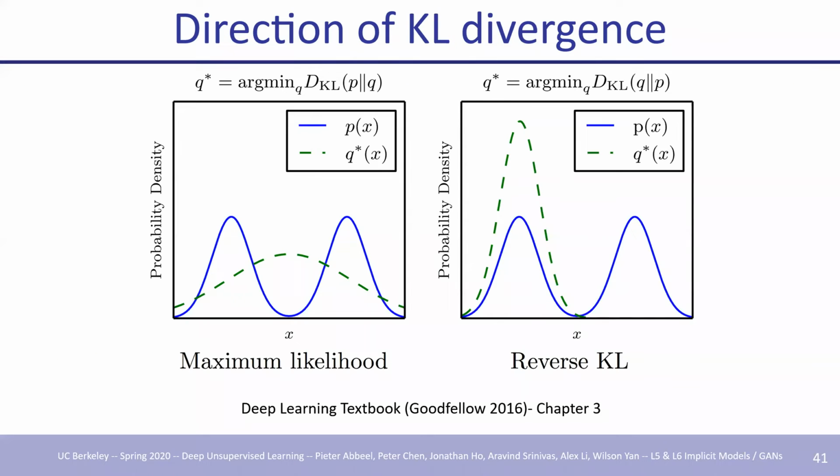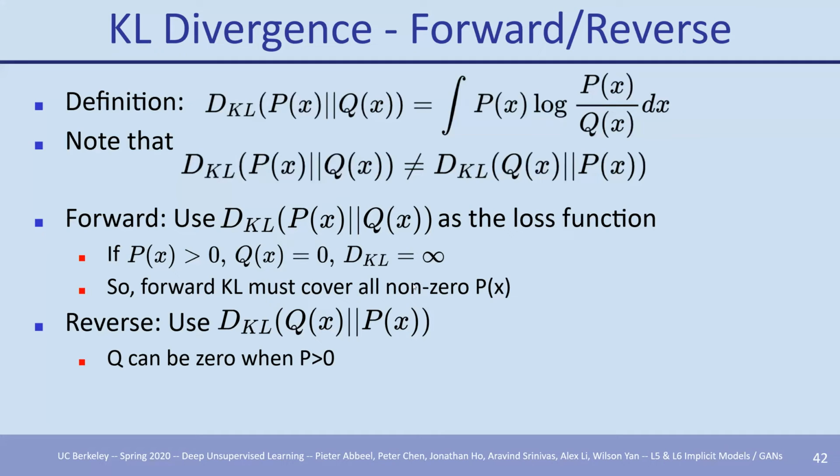So here's maximum likelihood. It will try and cover everything. Even though there's nothing here, it has to put something in there. But reverse KL will cover one mode. It will say it's better to cover here than to spread over everything.